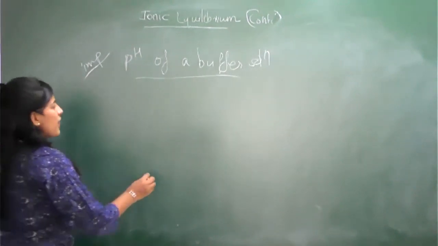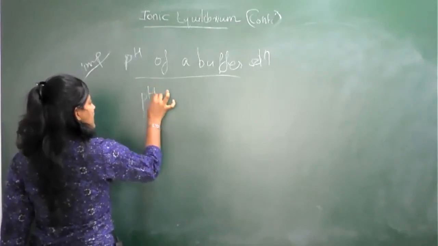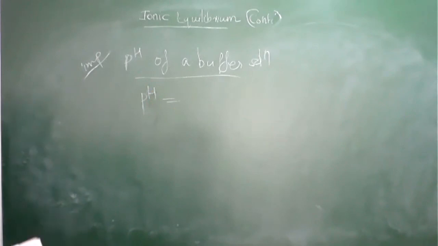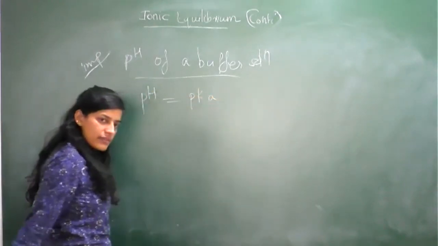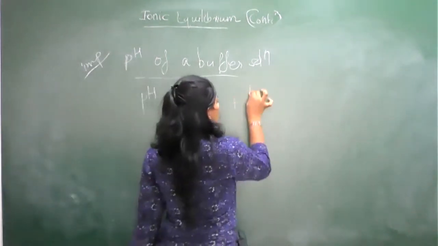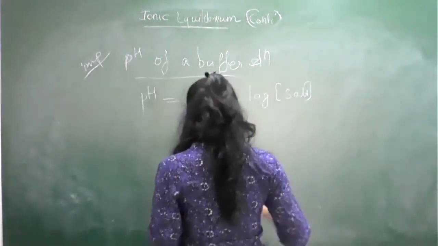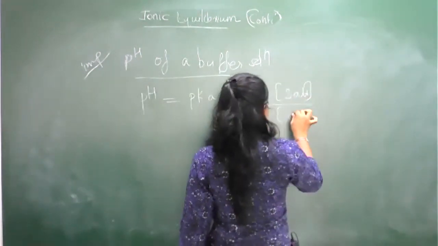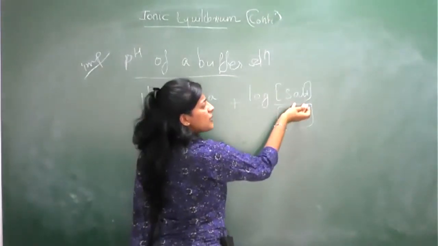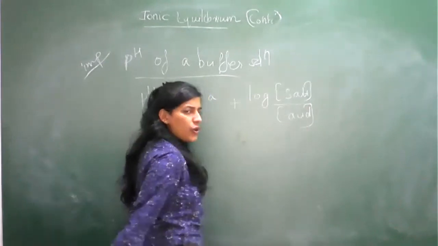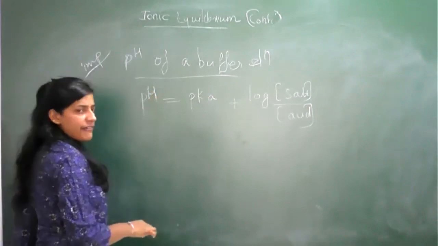So, study this one. pH of a buffer is equal to pK plus log of salt divided by acid concentration. In logarithmic form, salt concentration divided by acid concentration, we will get the pH of a buffer solution.